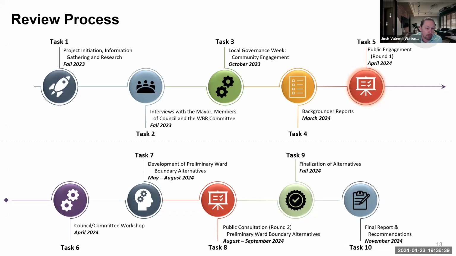We are coming back out to the community to present these preliminary ward boundary alternatives based on the feedback that we've received through phase 1. Following task 8, we are spending the early fall finalizing those alternatives. And again, to report back to what Bob has been saying, we are preparing council and providing a recommendation for the end of November on an alternative scenario that could arise from the review.